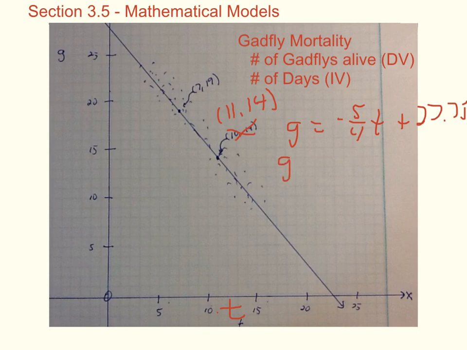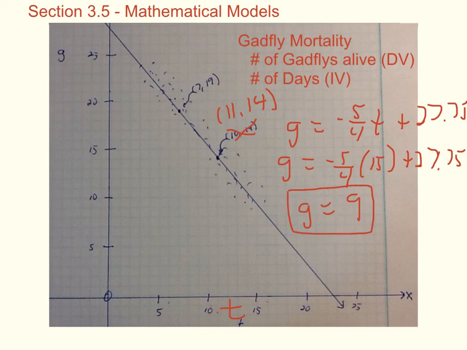So we could say G equals negative 5 over 4 times 15 plus 27.75. And what does that get us? And that gets us 9. So the ordered pair would be 15, 9.